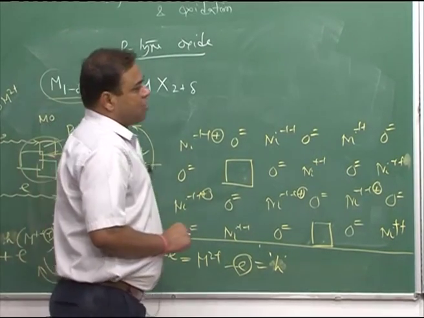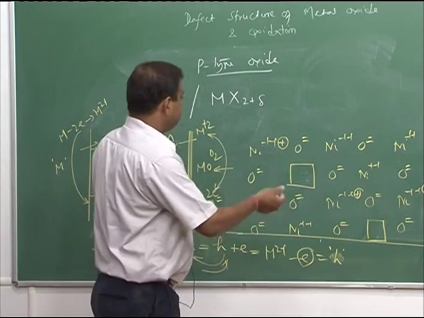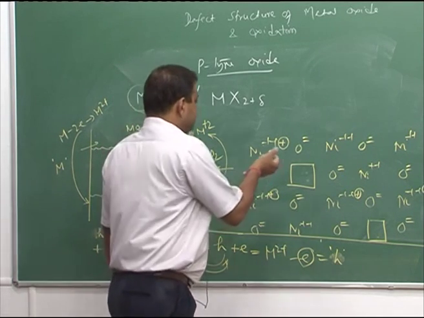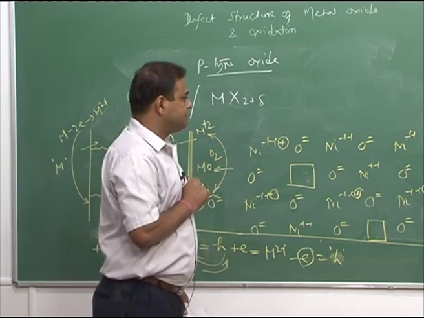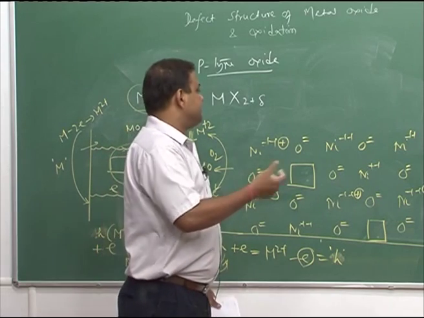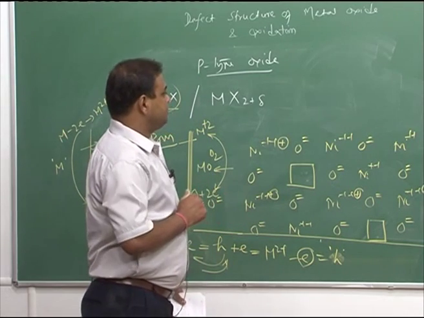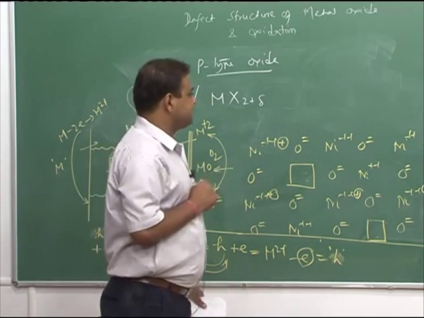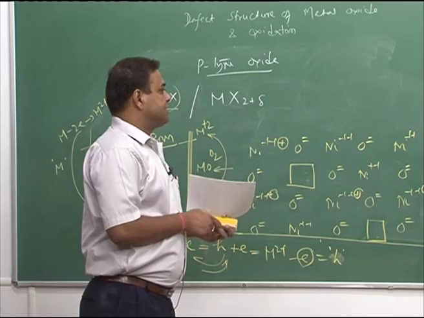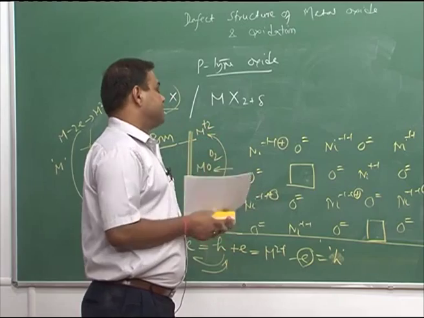Now, since we have seen the oxide structure in the case of p type, which is nickel oxide, and in the case of n type, which is zinc oxide, if we dope them with a cation with less valency than the metal cation at the normal lattice point, or replace the normal lattice point cation with another cation which has more valency than the cation being replaced, what would happen to the oxidation of that metal?